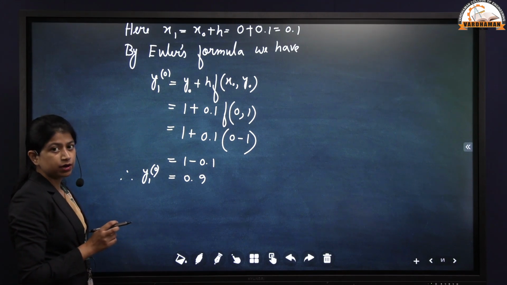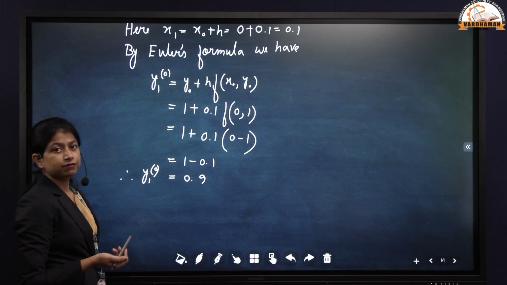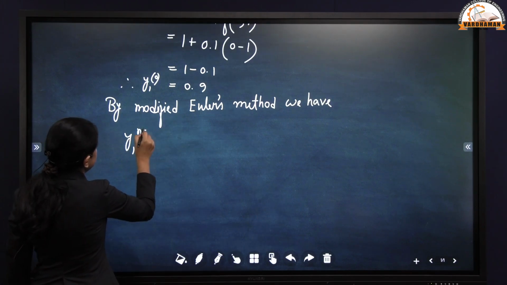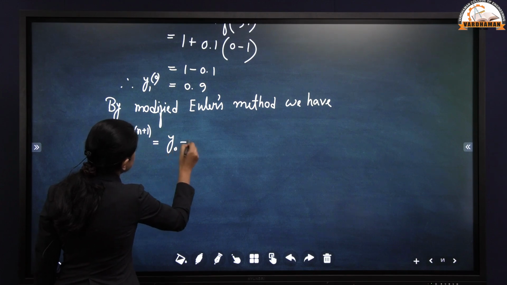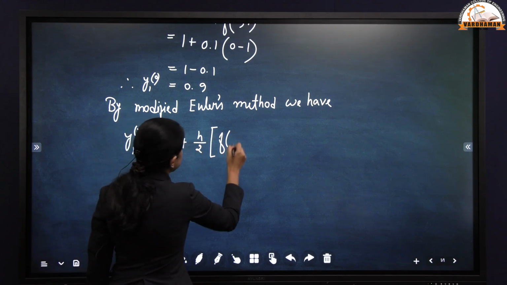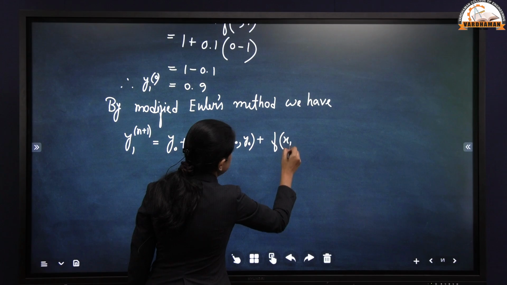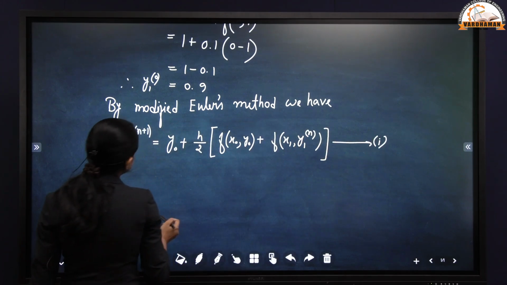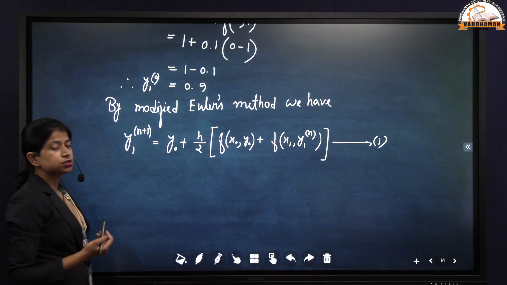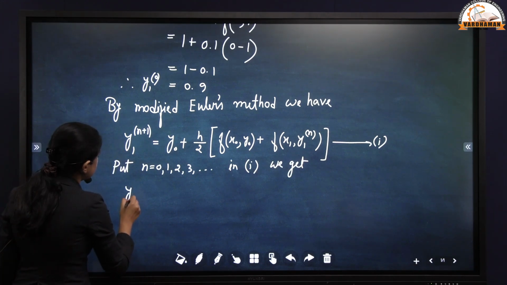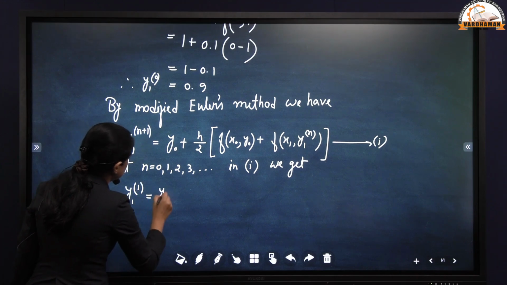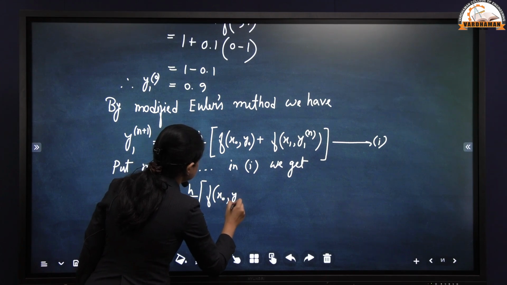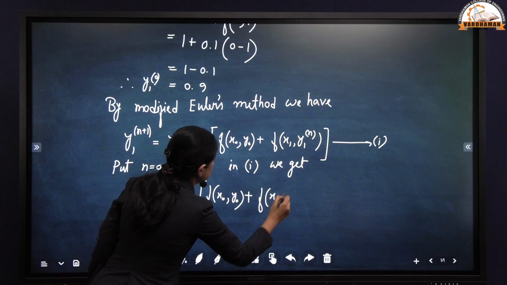Next we will find y1 1. So for that we will use the modified Euler method. By the modified Euler method, we have y1 n plus 1 equal to y naught plus h by 2 f of x naught comma y naught plus f of x1 comma y1 n. Let us give this as equation number 1. Now we will put n equal to 0, 1, 2, 3 and so on in equation number 1. y1 1 is equal to y naught plus h by 2 f of x naught comma y naught plus f of x1 comma y1 0.